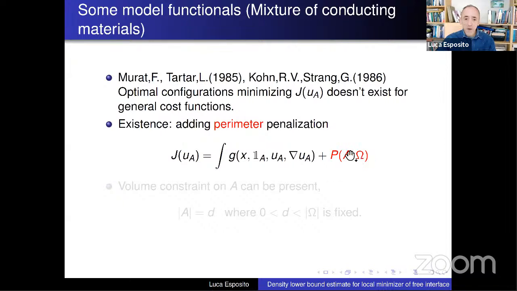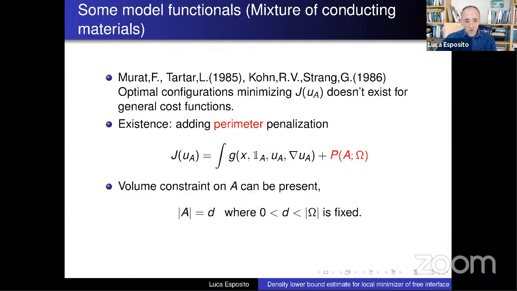So this term, as we will see, also has a regularizing effect. Also, in the following it will be important to handle constrained problems, in the sense that the measure of the set A inside omega could be fixed.